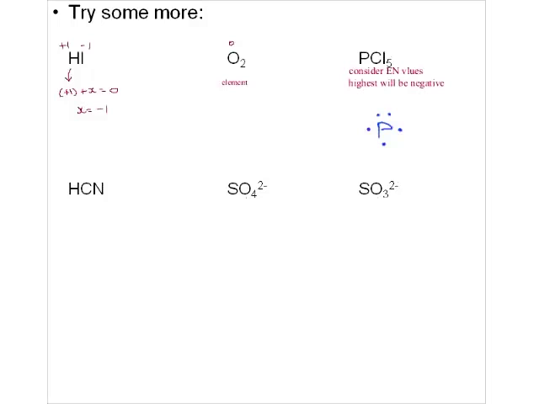And I'm going to start filling in the chlorines around it as we go. 1, 2, there's another one. Chlorine can only make 1 bond, you see. Now phosphorus does something here called hybridization. Because it's down in the 3rd energy level, it's capable of making more than 3 bonds, right?